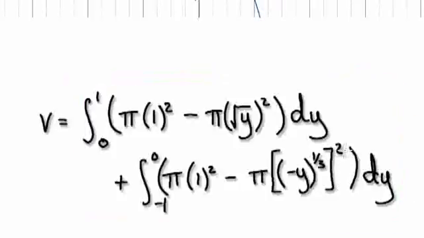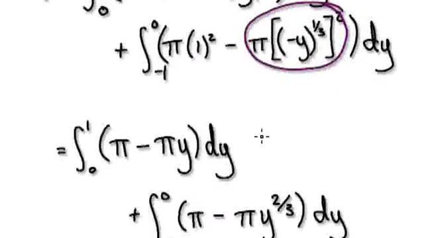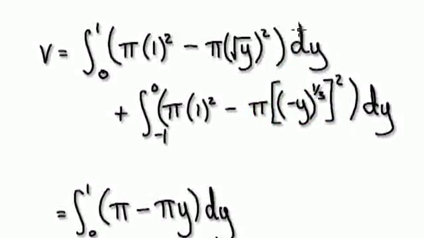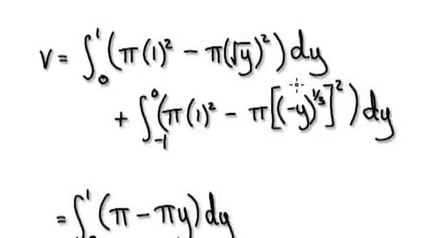This bit is really complicated, because we've got to tidy it up. When you tidy it up, you can pretty much ignore the minus. Our aim here is to tidy up this bit.